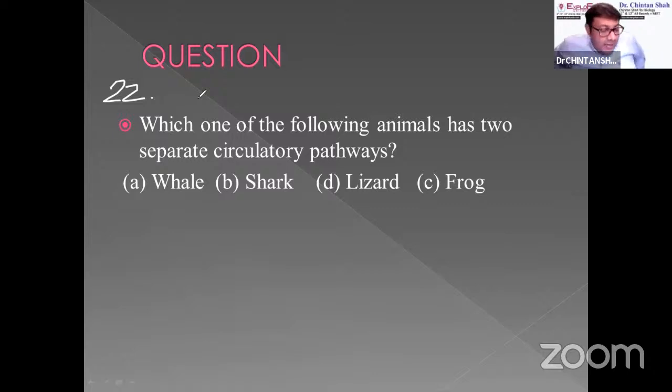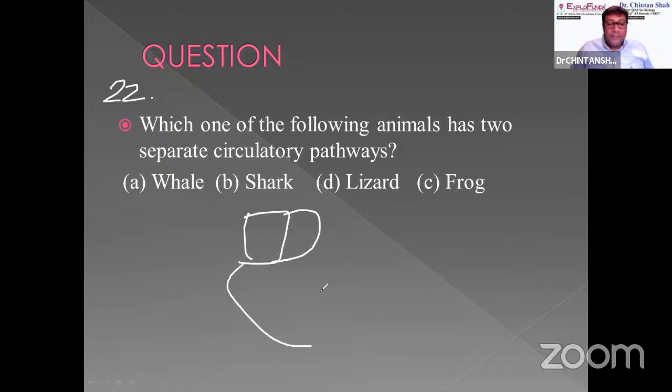What I believe is a whale. Why do I believe this? Because two separate circulatory pathways are possible only and only if it is a four-chambered heart. A four-chambered heart is present not in a frog, not in a lizard, because that is partial.